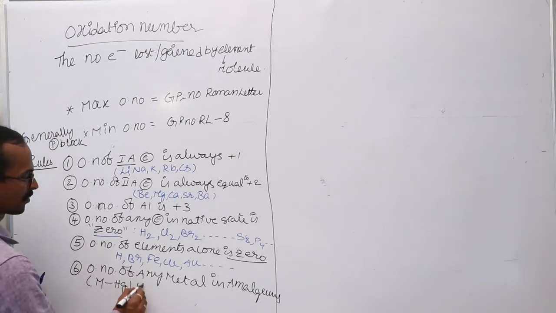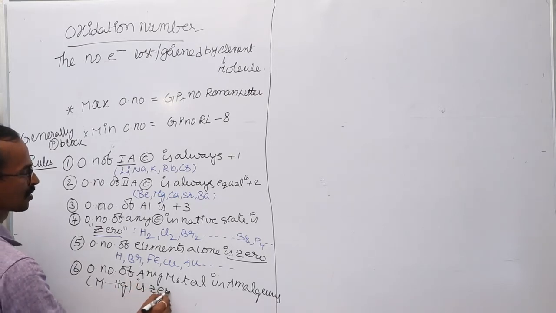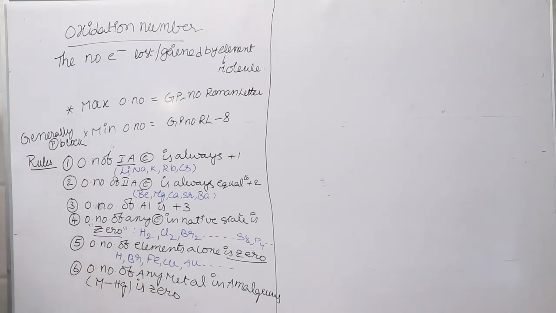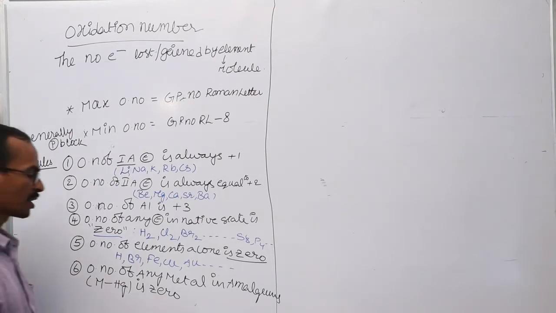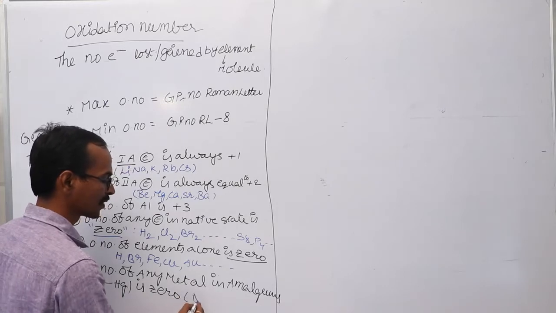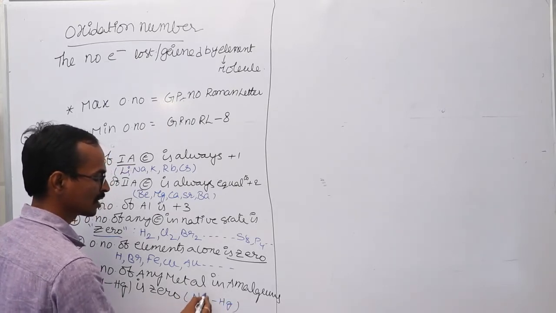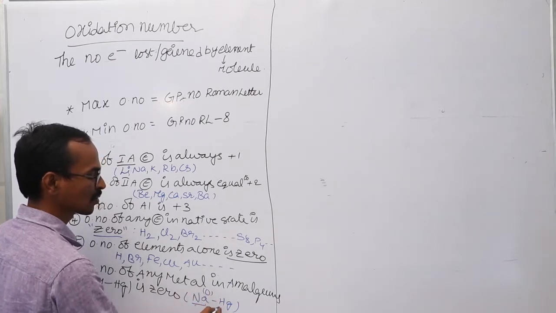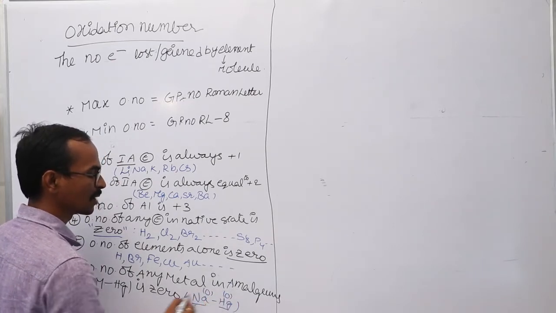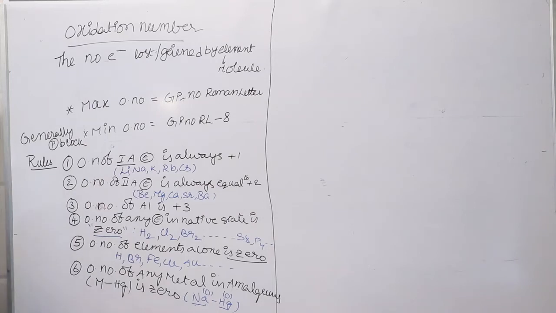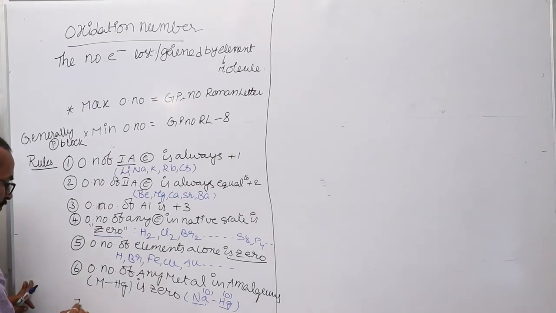The oxidation number of any metal in amalgams is equal to 0. For example, in sodium amalgam, NaHg, the oxidation number of sodium is 0, and the oxidation number of mercury is also 0.